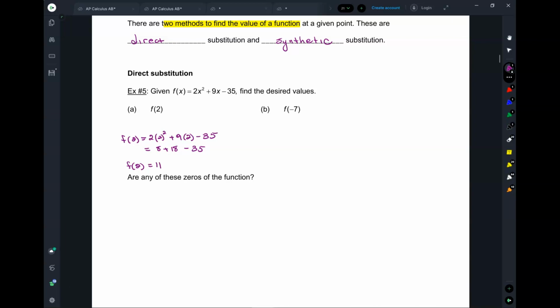What do you think, Cooper? Yes. Approximately. Oh no, it's negative 11. I was going to say that. No, it's 26 minus 35.